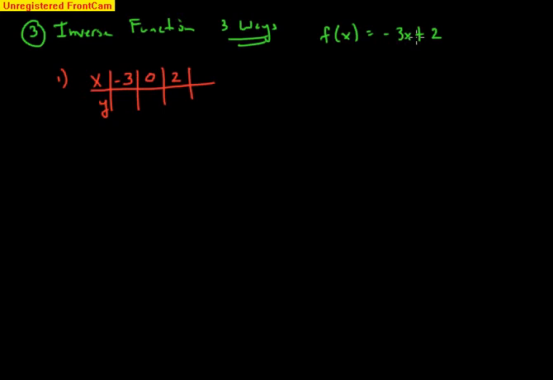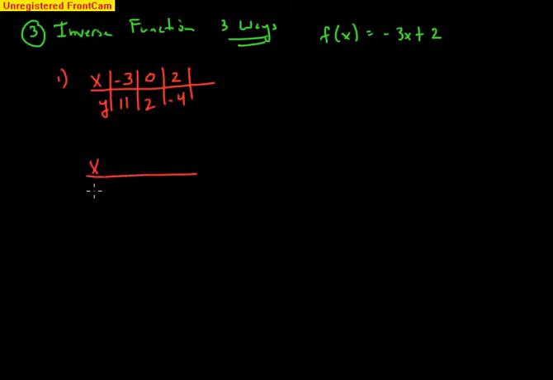So negative 3 times negative 3 is 9, 9 plus 2 is 11. 0 times negative 3 is 0, 0 plus 2 is 2. 2 times negative 3 is negative 6, negative 6 plus 2 is negative 4. So what I've done is I've gotten 3 points that are on this line. So now the question is, what are the points that would be on the inverse of this?